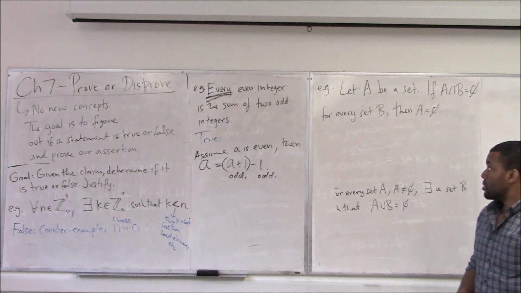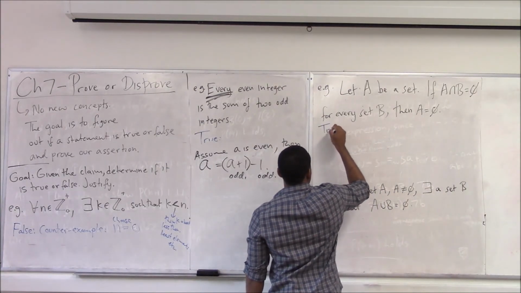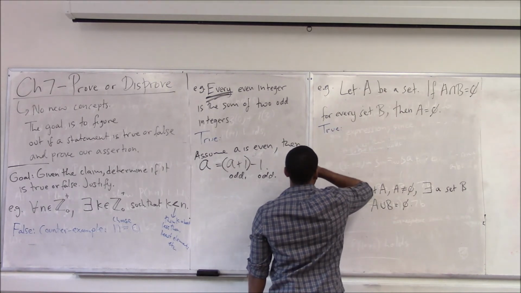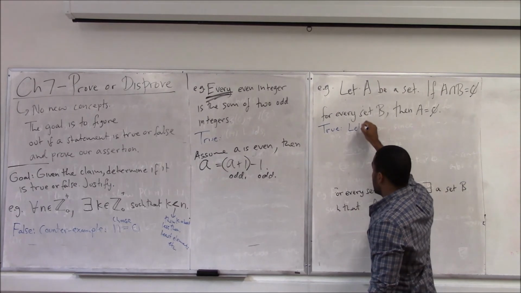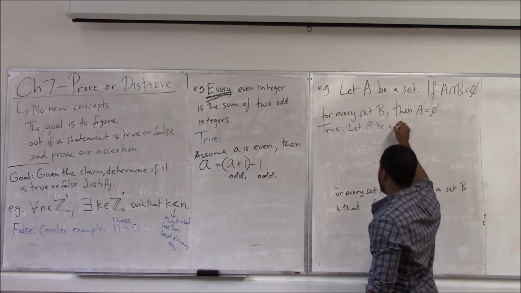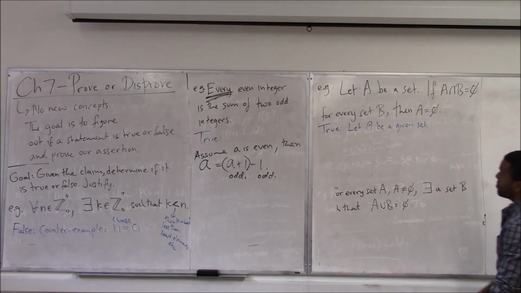Let B equal... Maybe A. Choose two finite sets with distinct elements. Yeah, so you say this is true? Okay, so let A be a given set. Then what do you want to say?